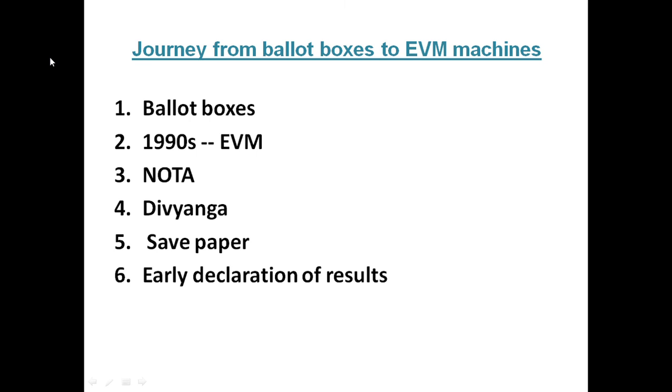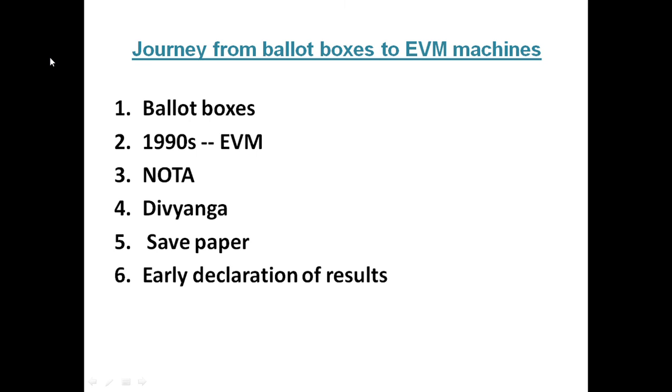First, the first election in independent India was held in 1951-52. In the initial elections, ballot boxes were used for the purpose of voting. Second, the use of EVM machines started from the decade of 1990s.